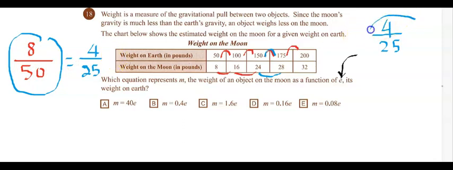So isn't that what the slope is over here also? And what's 4 divided by 25? Because it says rise over run, but I'm looking over here and I don't see any numbers that look like that. What is it? 0.16. So which one is the answer? D. There you go.